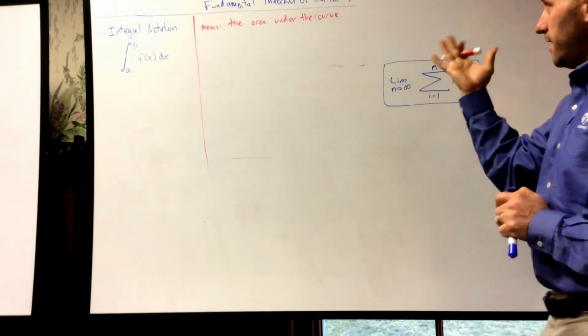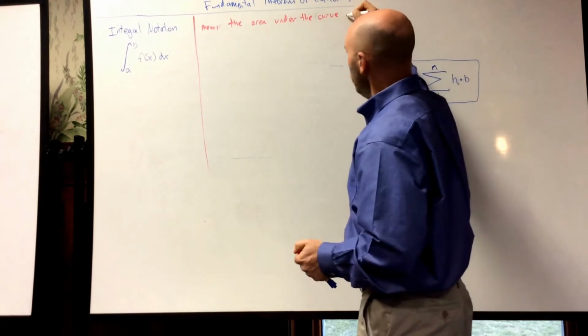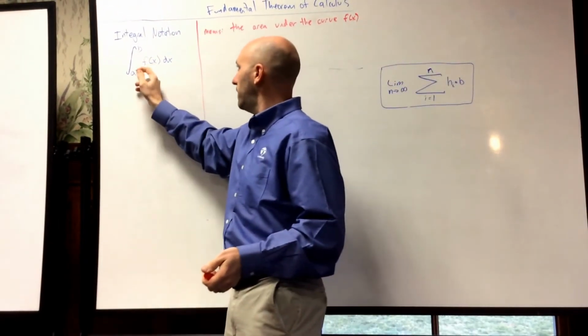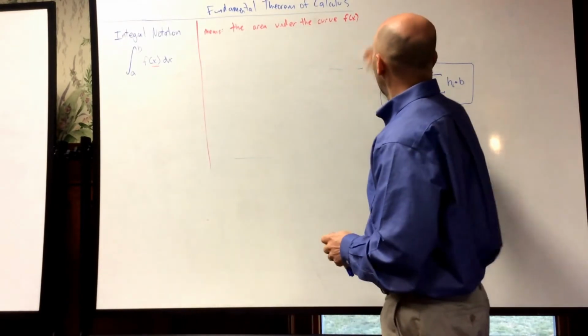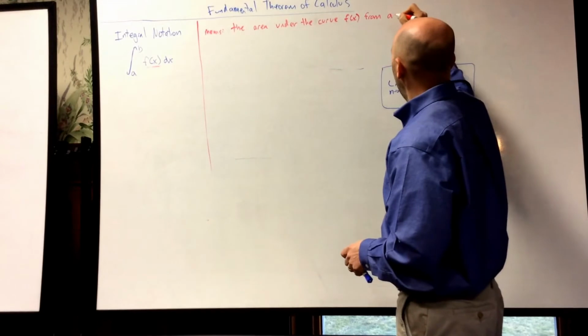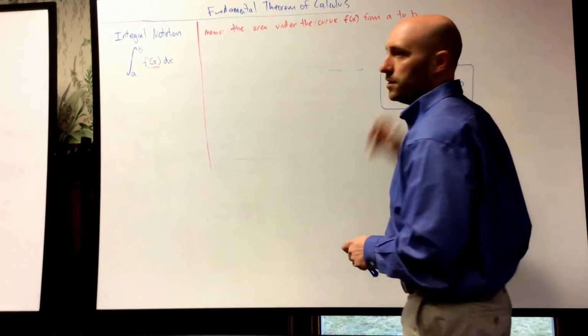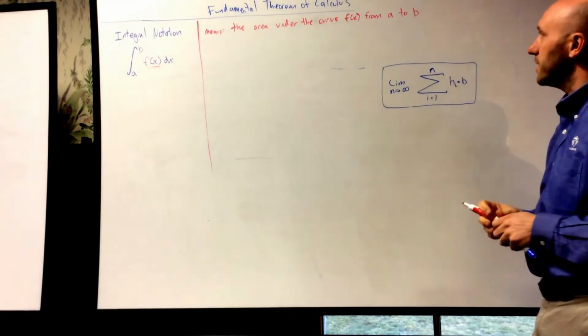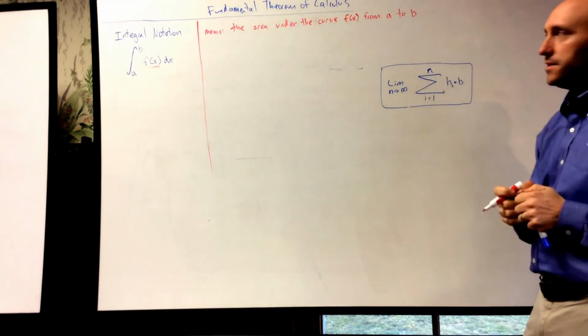What it means is it's the area under the curve. Which curve? F of x. That's what the function is. From A to B. In order to take the area under the curve, I need to specify which parts of the curve I'm looking at. That's all it means.